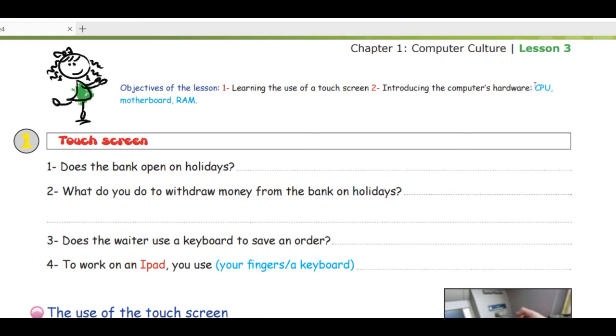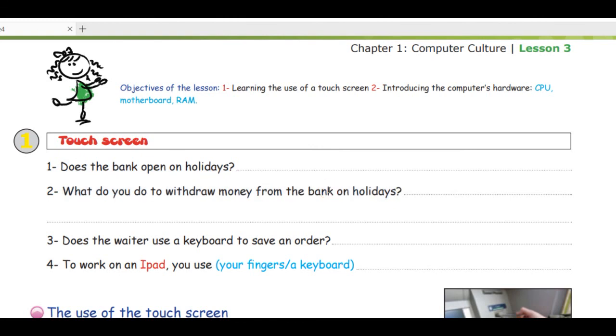After those questions, you start with the first sheet, where you ask questions regarding the touch screen. Does the bank open on holidays? Of course not. What do you do to withdraw money from the bank on holidays?